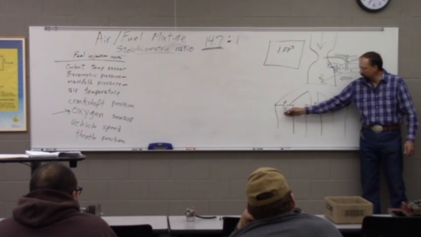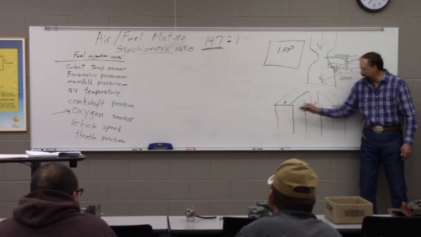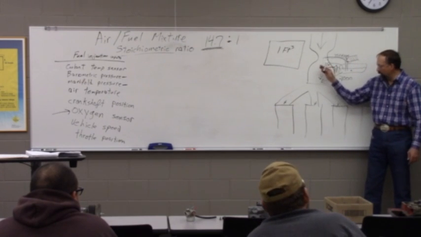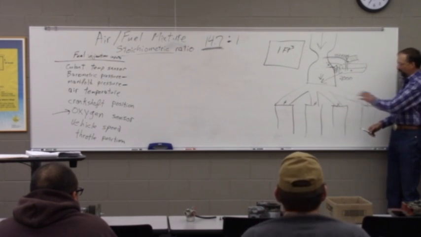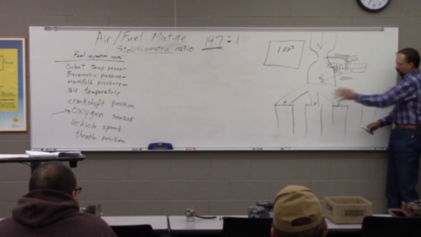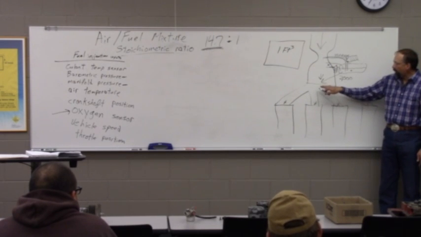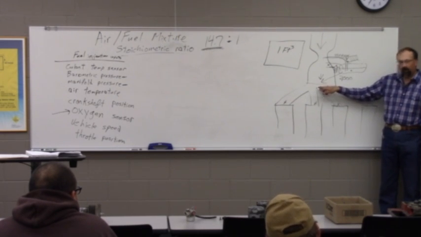And when this valve was open, there would be a surge going that way, and when this valve was open, there'd be a surge going this way, and as the different cylinders' valves open, there's a lot of pulses back and forth and a lot of turbulence in here.